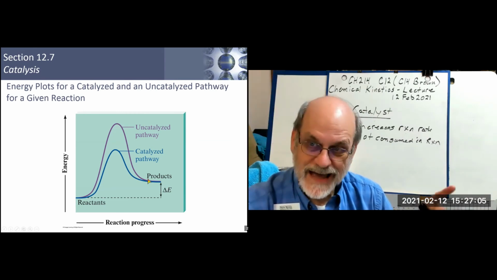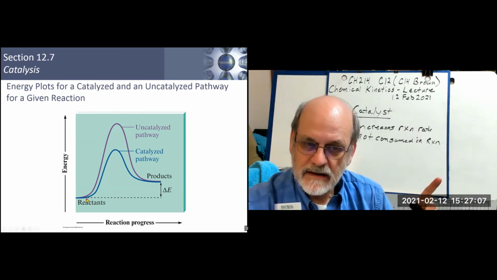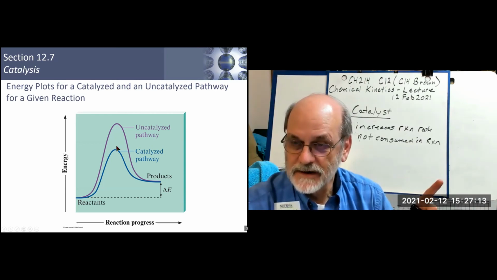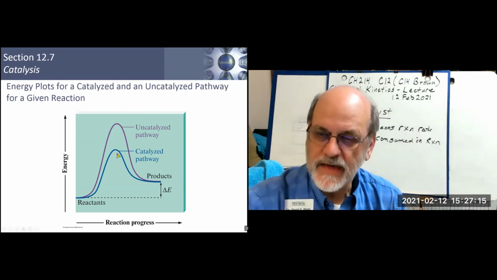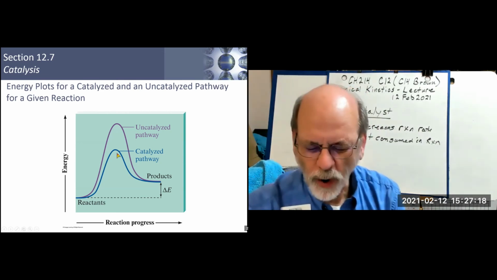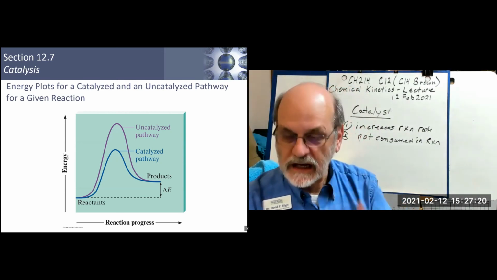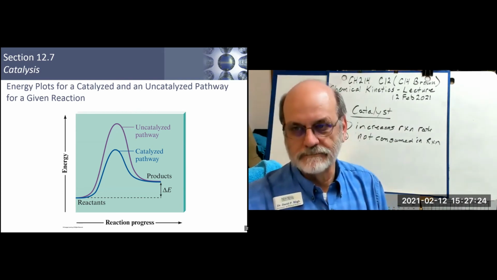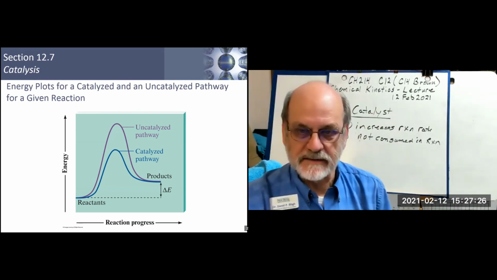But if we introduce a catalyst, the activation energy is only this high rather than that high. So that means that more of the collisions produce reaction, which means a faster rate.